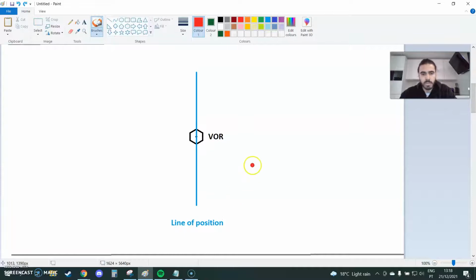and speak a little bit about a VOR and some lines of position that I think are important to explain how an HSI works. First of all, a VOR. If you don't know what it is, just go to your ATPL books or the internet and search for it.